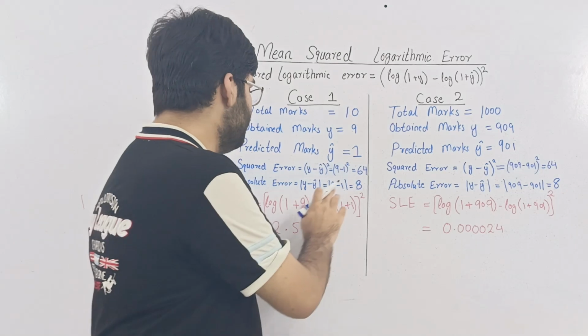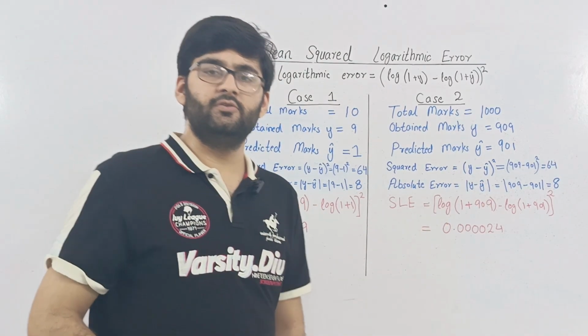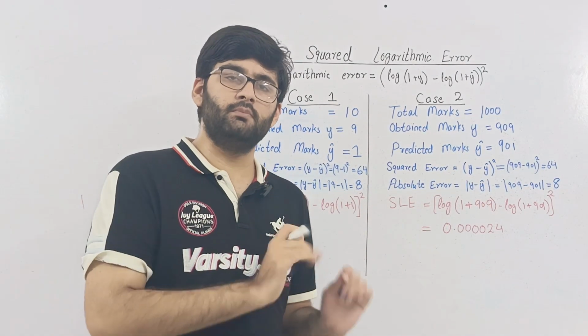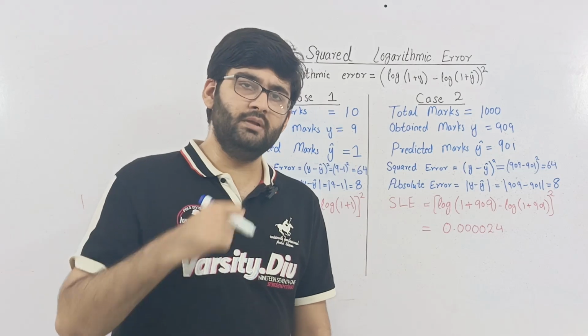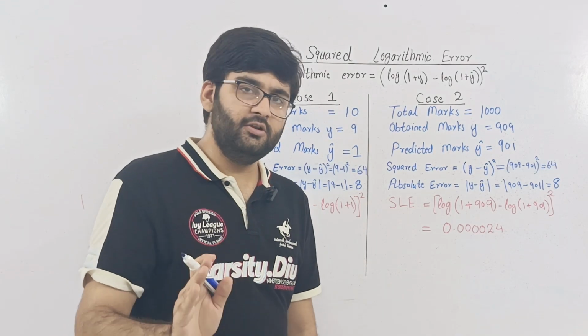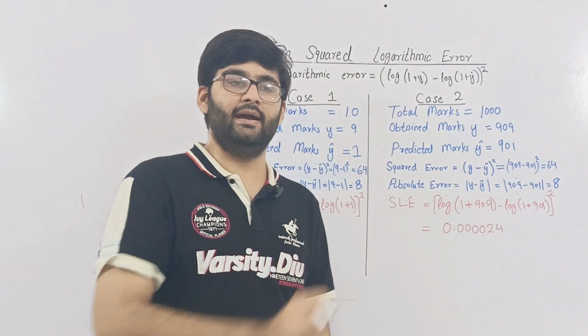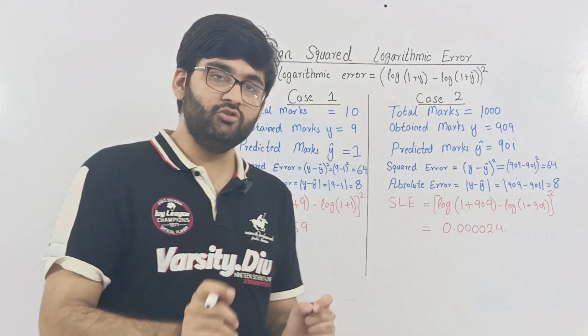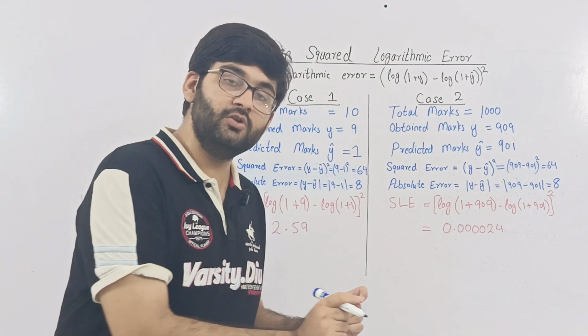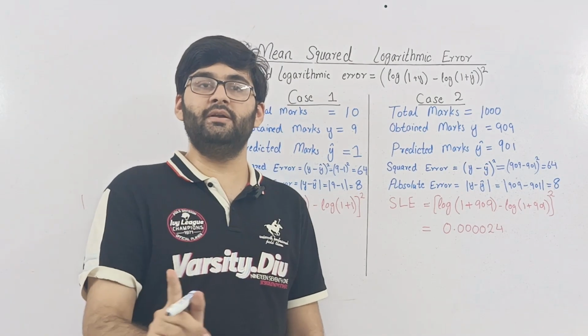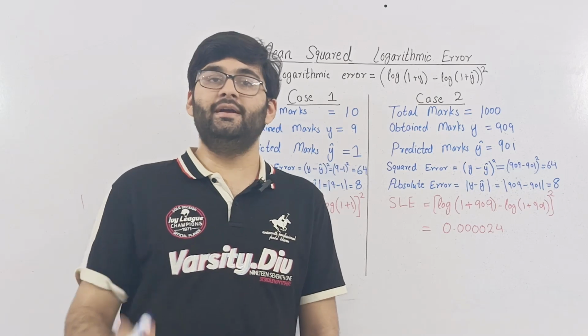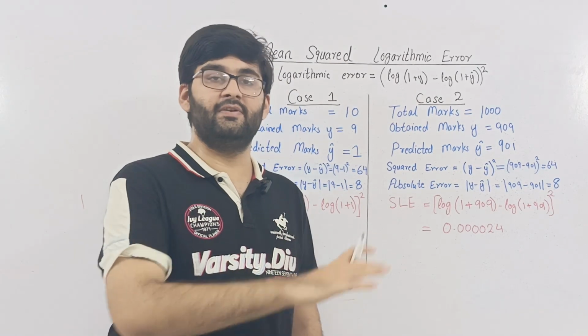But these two errors are the same. So this is the problem. The problem is because the absolute error and the squared error both actually consider the absolute difference between the predicted and the actual value, and they do not consider the relative difference.